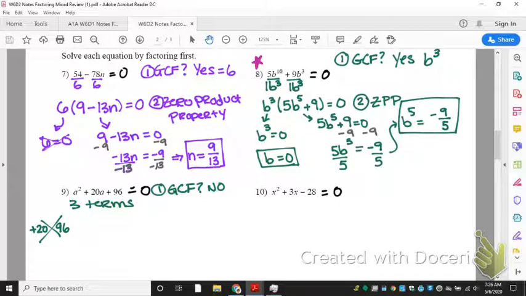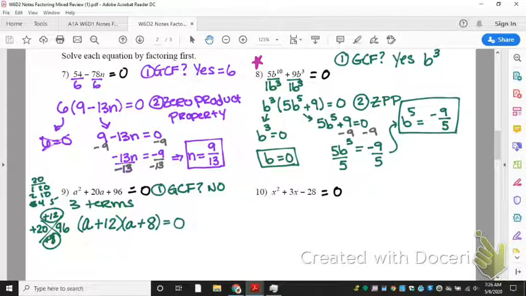If you go through your factor pairs, you get a positive 12 and positive 8. They multiply to give you 96, but add to give you 20. So when you factor this, you're going to have a plus 12 multiplied by a plus 8.